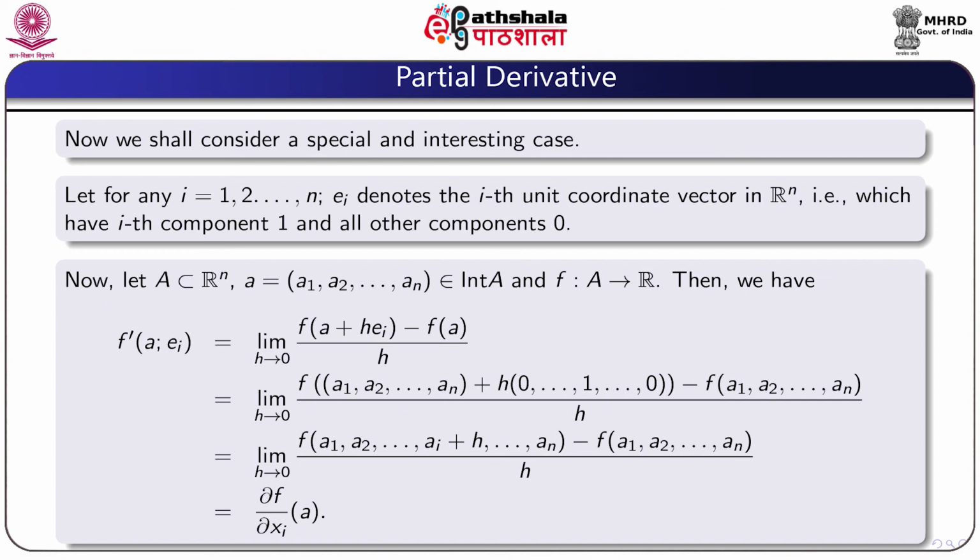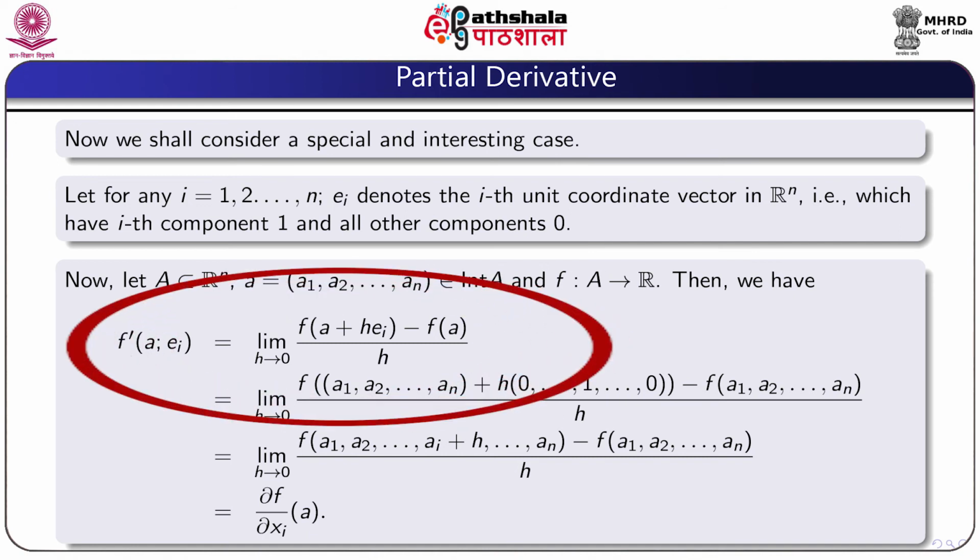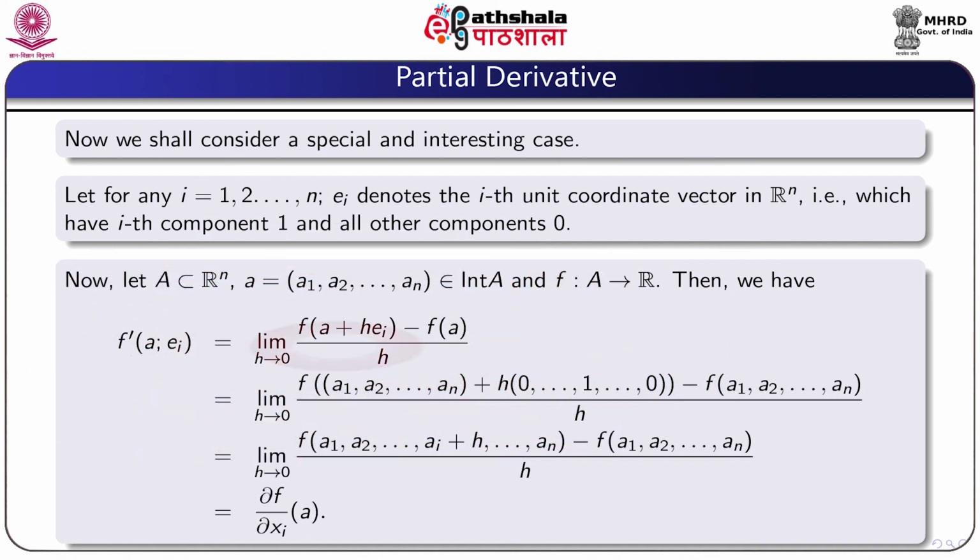Let A be a subset of R^n, a is an interior point of the set A, whose components are a1, a2 up to an, and f is a scalar field defined on the set A. We are trying to calculate f'(a, e_i). So, it is the limit of the quantity (f(a + h e_i) - f(a))/h as h approaches 0.